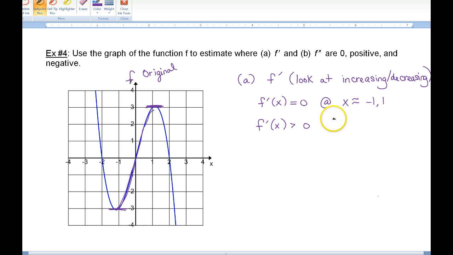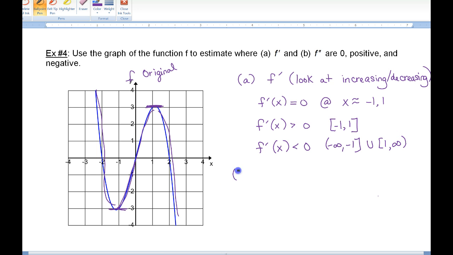We can use brackets for that, or remember how I said that to discuss increasing and decreasing, parentheses would be fine also. Then where do we have less than 0? We're going to look at where it's decreasing. That's going to be from -infinity to -1 union 1 to infinity.